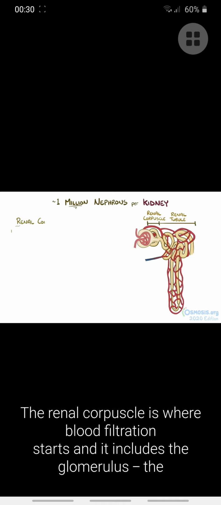As blood flows into the glomerulus, water and some solutes in the blood such as sodium are able to pass through the endothelial lining of the capillary, move across the basement membrane through the epithelial lining of the nephron, and finally into the Bowman's space of the nephron itself, at which point it is called filtrate.